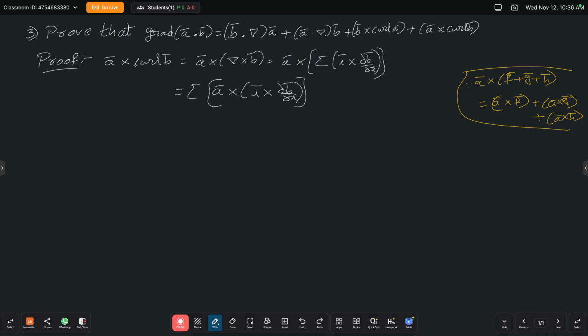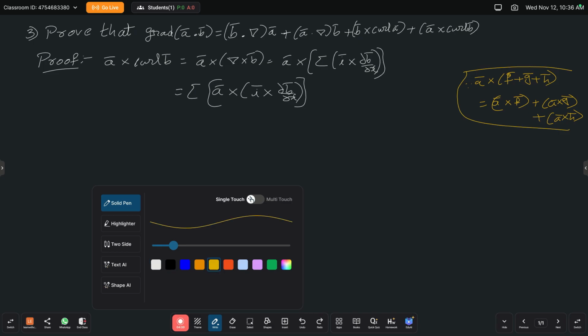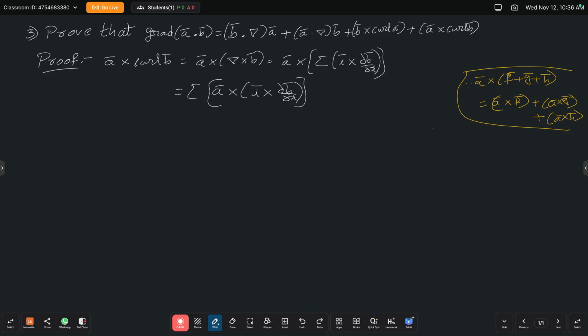Now you already know the formula from the intermediate concept. What is a bar cross of b bar cross c bar? It is a bar dot c bar into b bar minus a bar dot b bar into c bar.